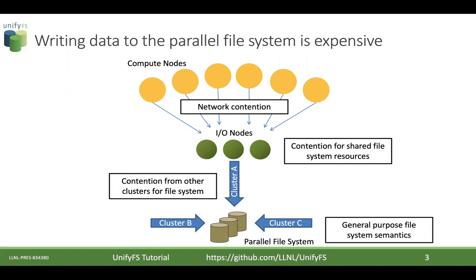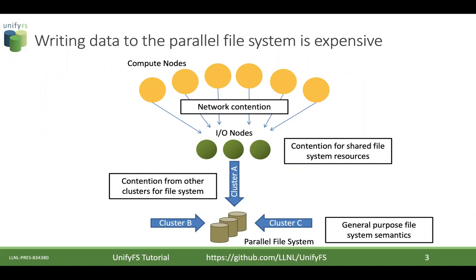Now, some systems have dedicated compute like MPI networks versus I/O storage networks. And so you're either seeing contention from just the I/O traffic or contention from both I/O traffic and normal parallel application communication. Once we get down into the I/O storage fabric, you start seeing contention from other shared file system resources, such as the I/O nodes themselves or metadata and storage servers within the file system.